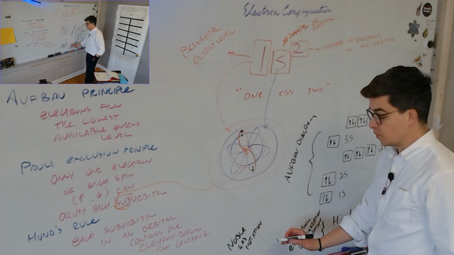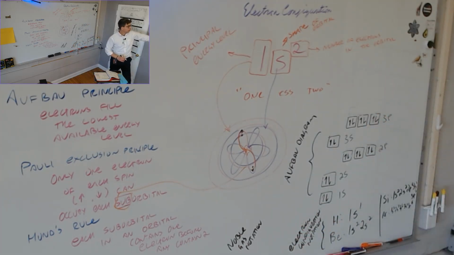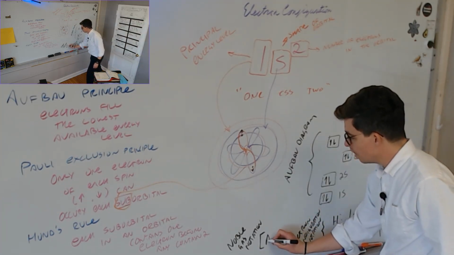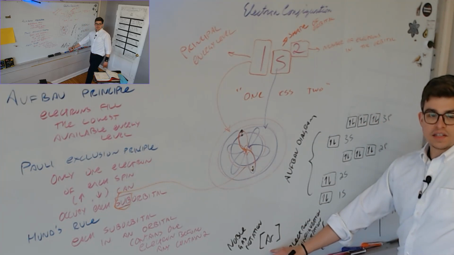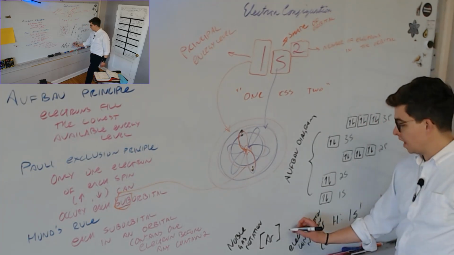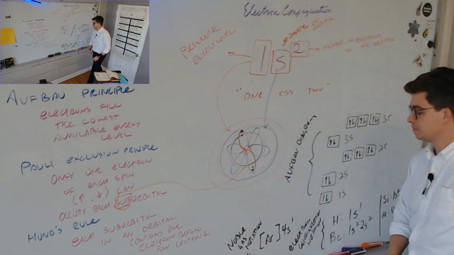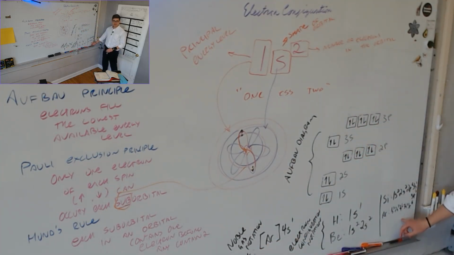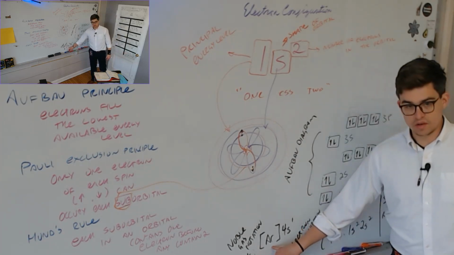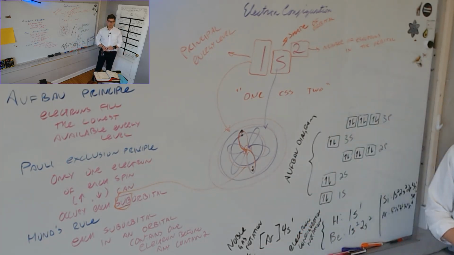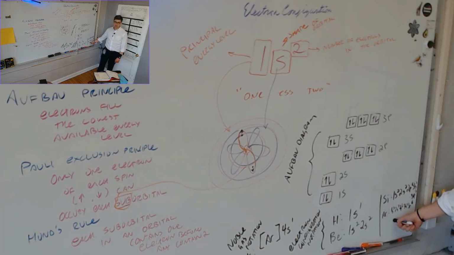So, for instance, if we were doing potassium, which ends in 4s1, we would put in brackets argon, meaning the entire configuration of argon, and then 4s1. So that's potassium. Could you do potassium the long way? Yeah, but it would take up a lot of space. It's easier to write like this. Potassium is argon, 4s1.